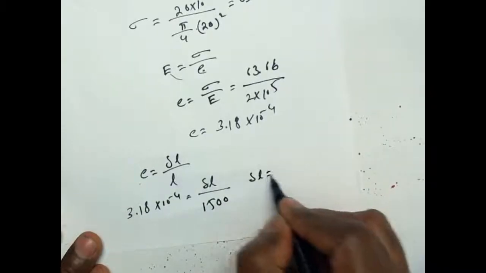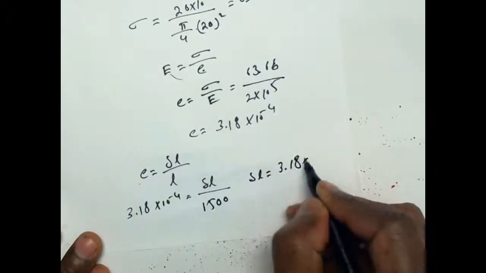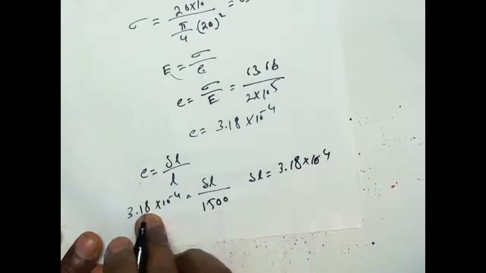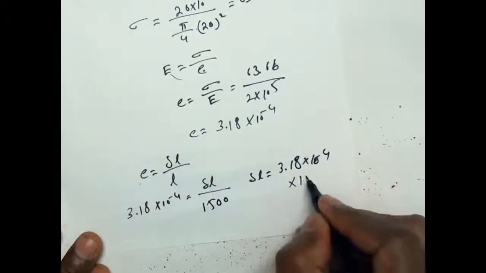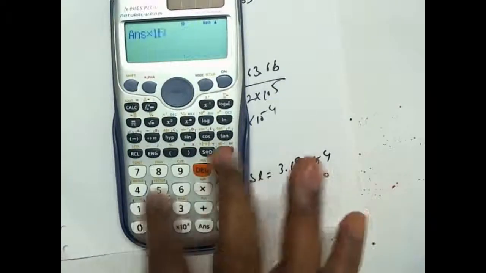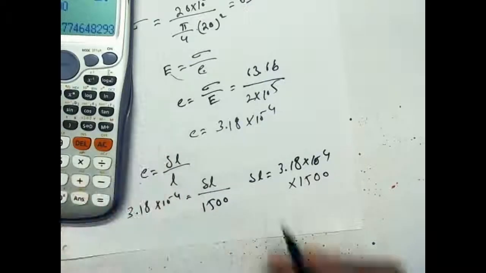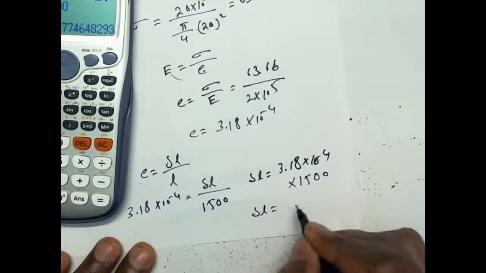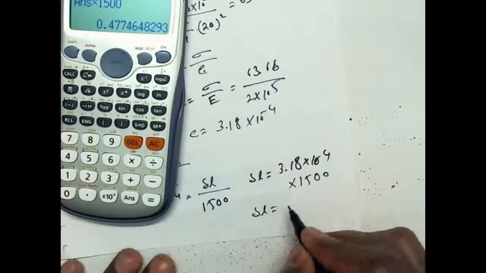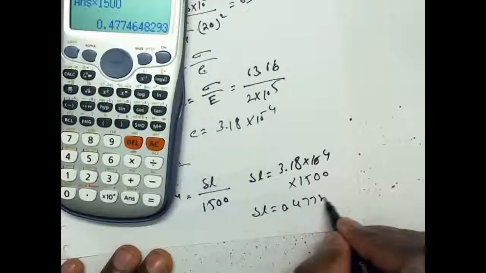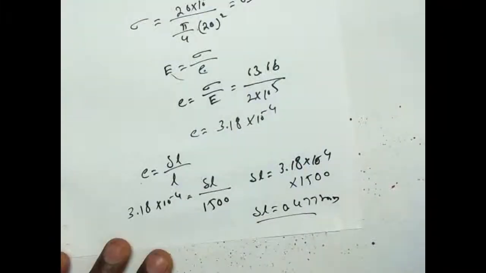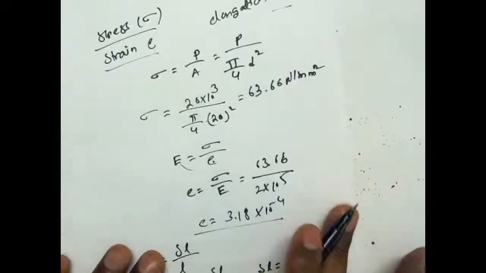Then delta L equal to 3.18 into 10 power minus 4 into 1500. That equal to 0.477. Delta L equal to 0.477 mm. Like this, we find elongation and strain also.